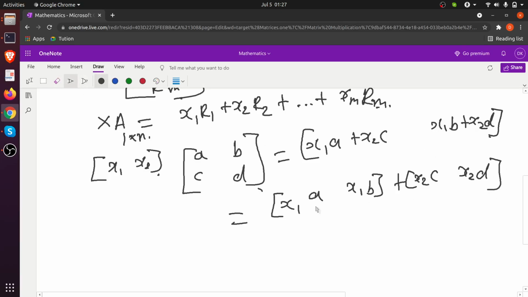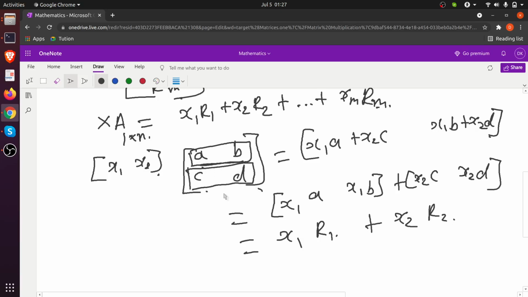So this vector is nothing but x1 into row 1 of this matrix, and this row vector is nothing but x2 into the second row.